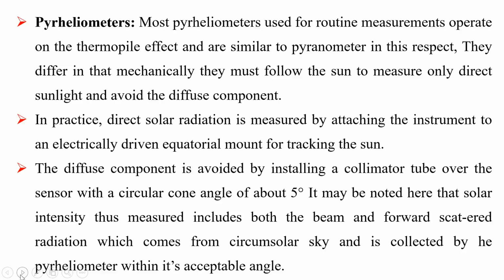It may be noted here that the solar intensity thus measured includes both the beam and forward scattered radiation which comes from the circumsolar sky and is collected by the pyroheliometer within its acceptance angle.